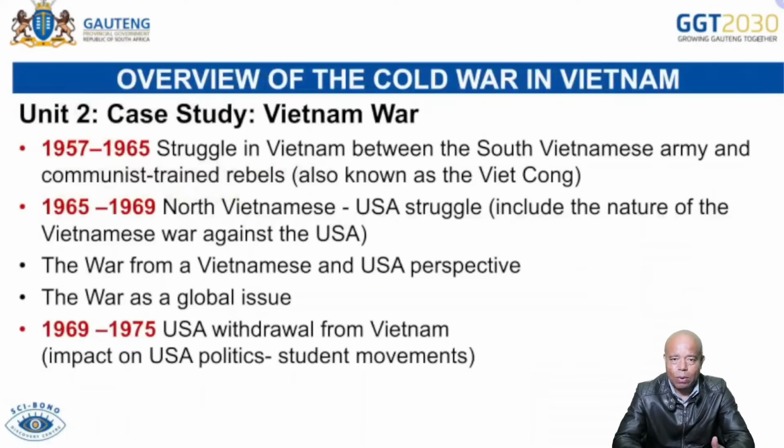But what Kennedy also did was to prevent the domino effect, meaning if Vietnam becomes a communist country, Laos and Cambodia would also become communist countries. So Kennedy started what we call the strategic hamlet policy, which was to isolate the Vietcong from the peasants. But the peasants were the Vietcong, so it was not successful.